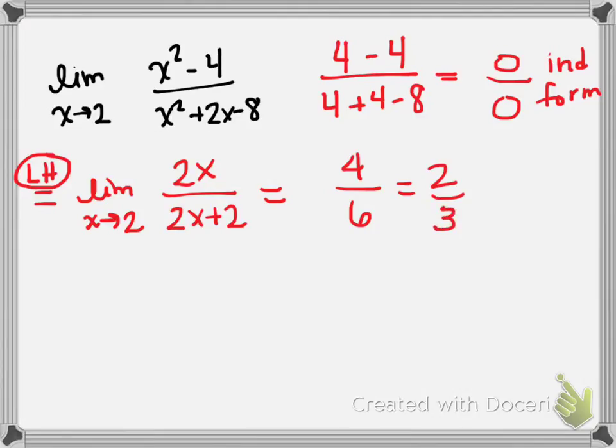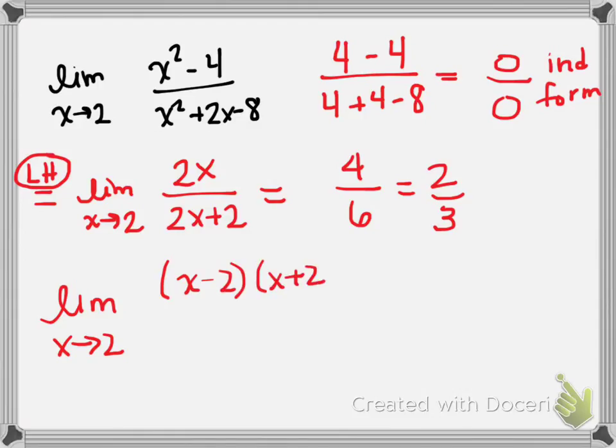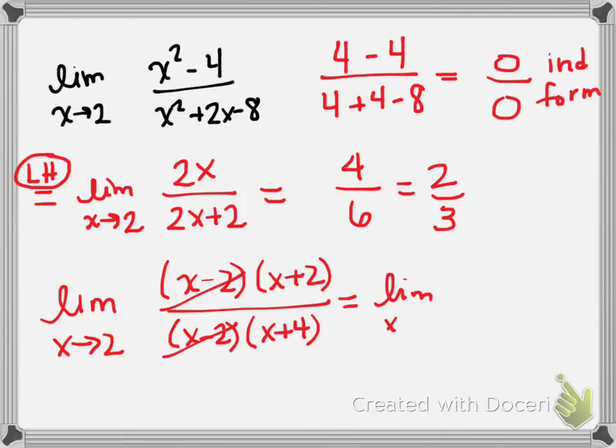Okay. Notice that at the point we noticed this was an indeterminate form, we could have taken this same limit and instead of using L'Hopital's rule, we could have factored it as x minus 2 times x plus 2 over x minus 2 times x plus 4, and said this function is the same everywhere except for 2, so it is the limit as x goes to 2 of x plus 2 over x plus 4, and also get 4/6.